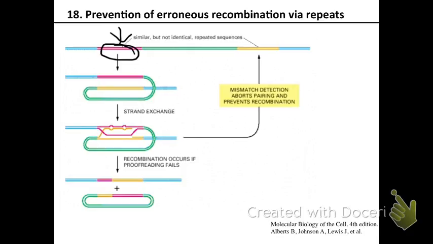Because the repeats usually have very similar sequences, right? And the homology search is looking for short regions of homology. Sometimes it can mistakenly find the homology somewhere else in the genome, inappropriately. Now, there are a couple of mechanisms by which this could be prevented.